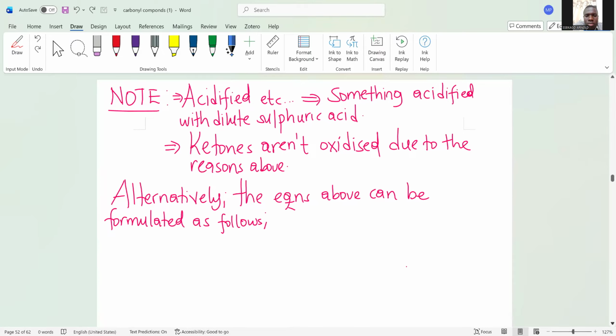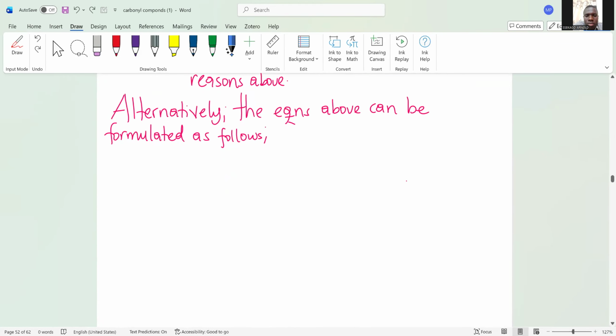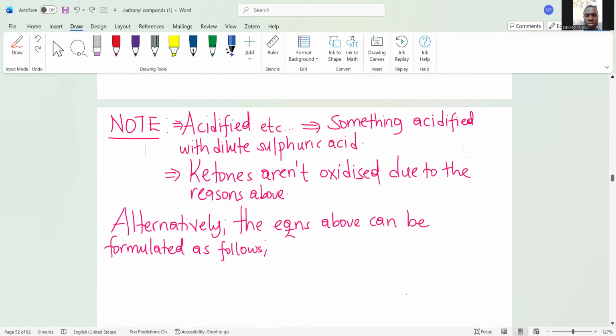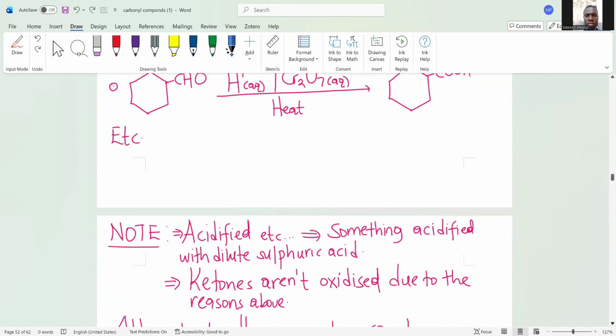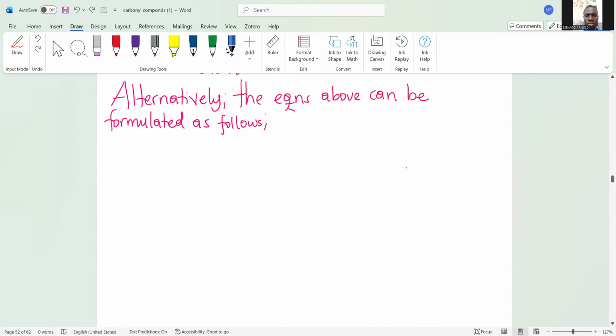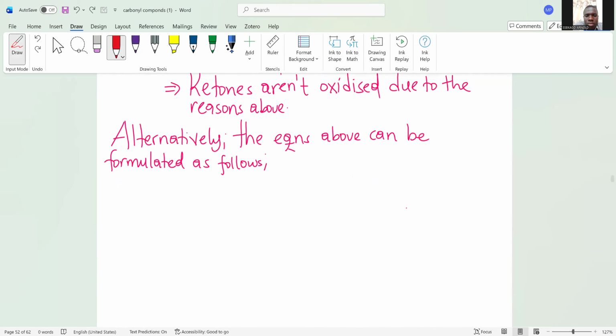So alternatively, the equations above for oxidation can have the following formulations.